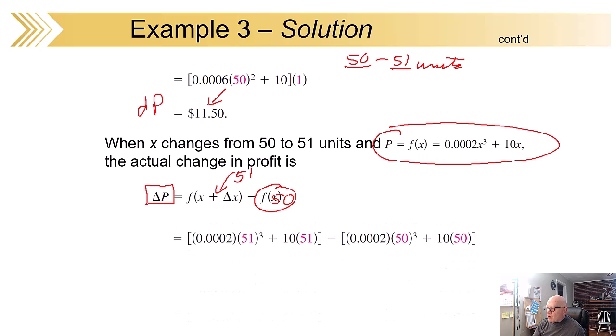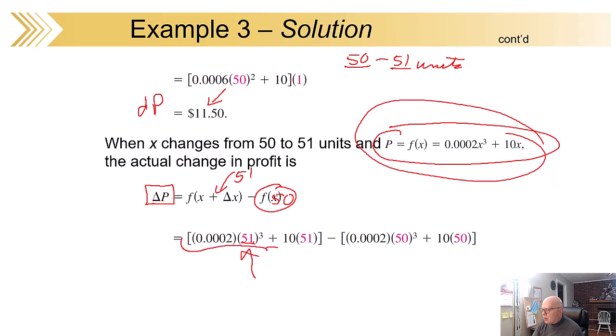So this one, remember, is 51. So put the 51 in where the x is in our function. Put the 51 in, and this is what you'll get. Put the 50 in, and this is what you'll get in this function.